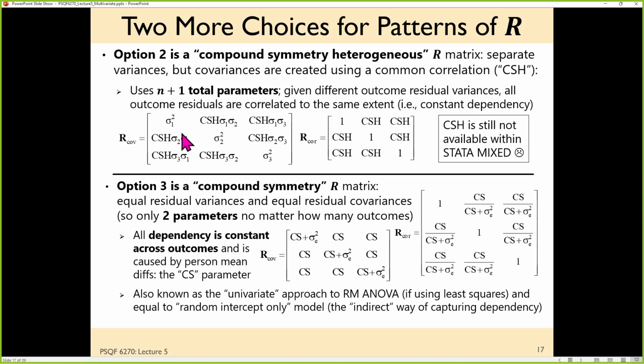So this would save you 2 parameters because you'd only be estimating 1 correlation instead of 3. Compound symmetry is the bottom one. That would save you 2 more parameters because this also forces the residual variance to be the same across outcomes as well. This compound symmetry parameter is the thing that we can replace with a random intercept instead.